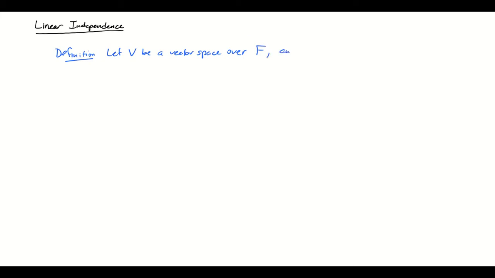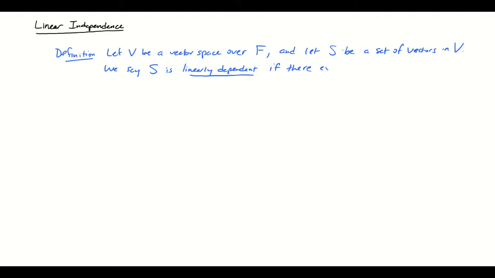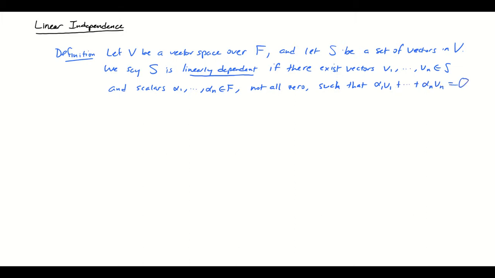And let S be a set of vectors in V. So S is a subset of V. We say S is linearly dependent if there exist vectors, and I'll call them V1 through Vn in S, so finitely many vectors, and scalars alpha 1 through alpha n belonging to F, not all 0, such that the linear combination alpha 1 V1 plus etc. through alpha n Vn is equal to the 0 vector.